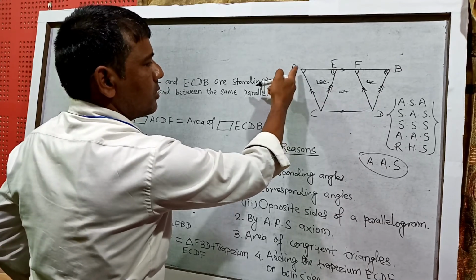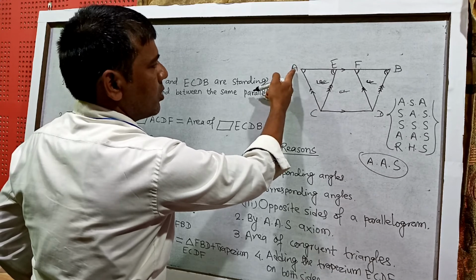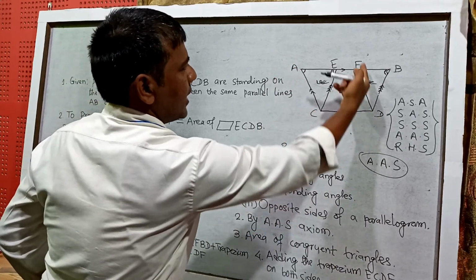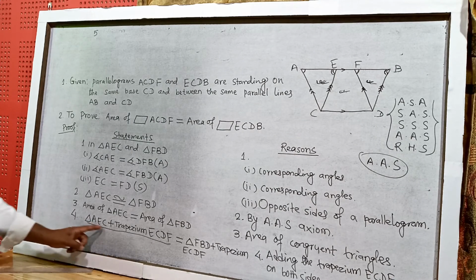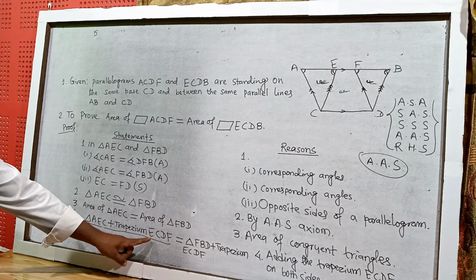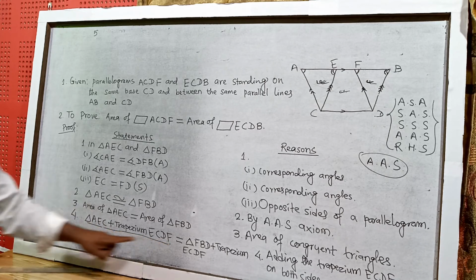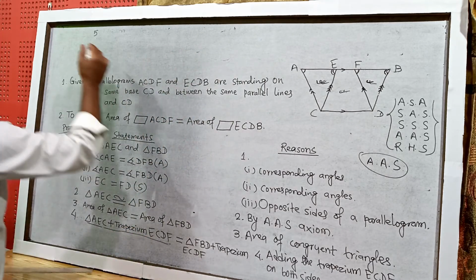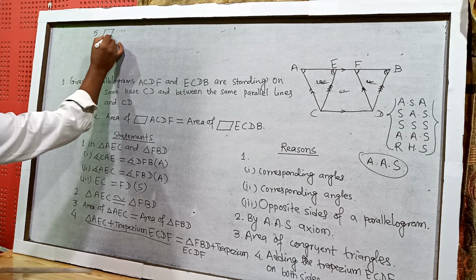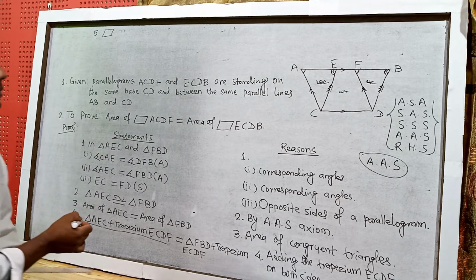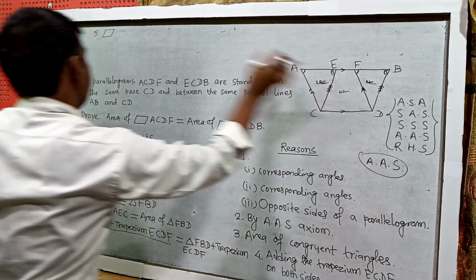It becomes the parallelogram ACDF. So the sum of these two, triangle ACE and trapezium ECDF, becomes parallelogram ACDF.